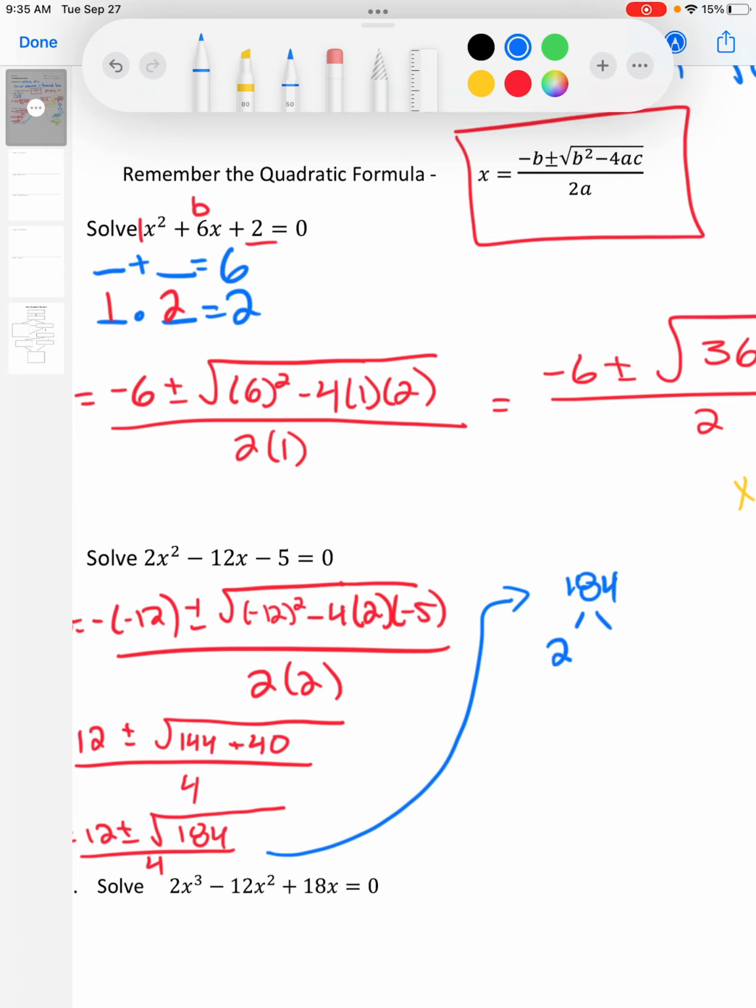Well, since it's even, we can do 2. So 184 divided by 2 gets me 92, and 2 can go into that, which gets me 46, then 2 and 23.